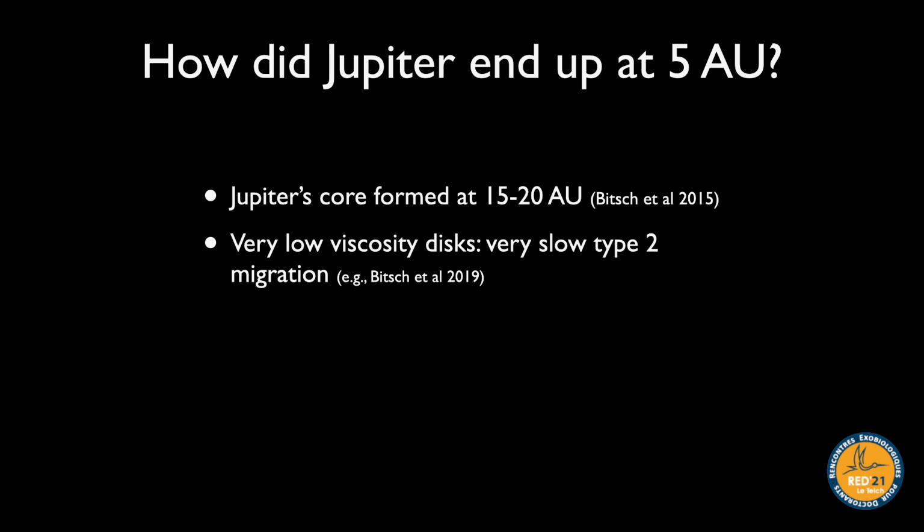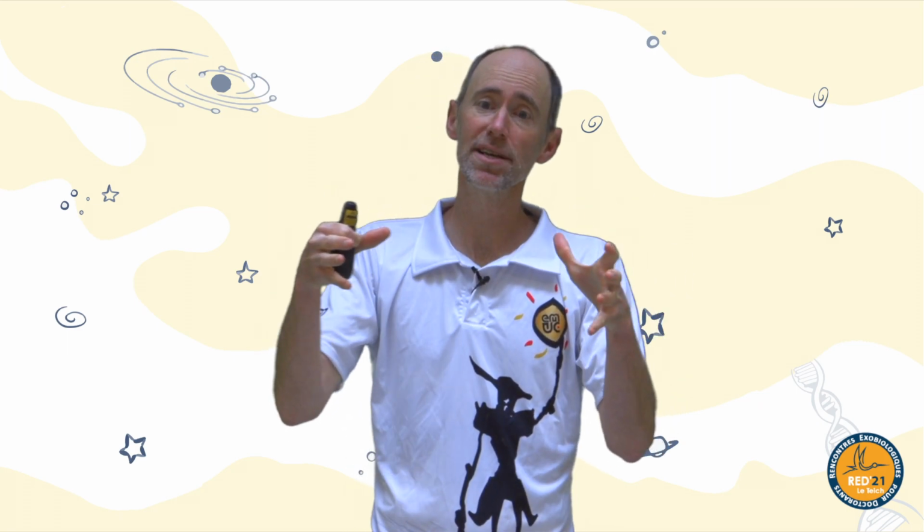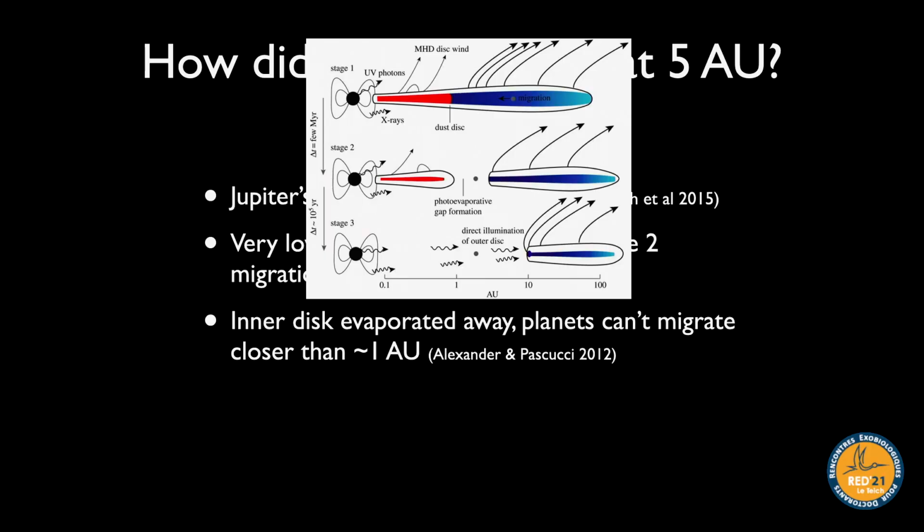Maybe migration is much slower than we thought, especially giant planet migration, because the part of the migration once the gap is carved in the disk depends on how fast the disk evolves. And if the disk has very little viscosity, then it evolves very slowly, and so that migration can be super slow.